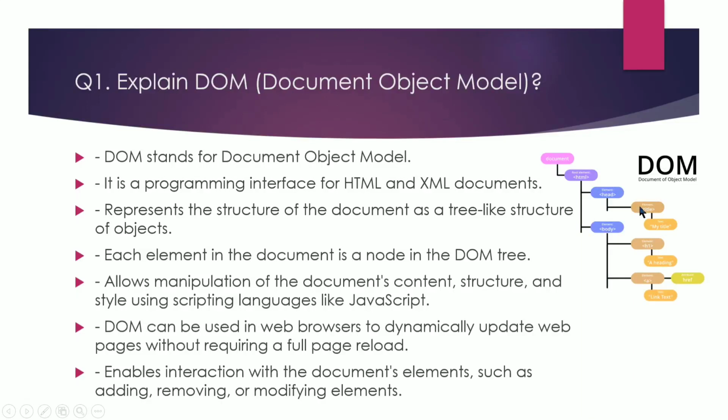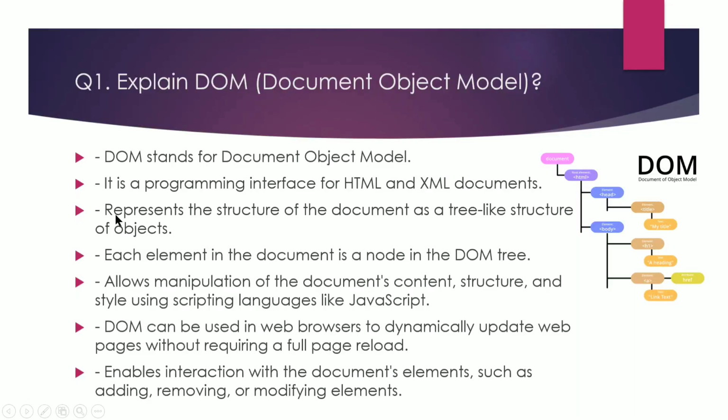If you want to access this title, you can use some features of document, like document.getElementById or by class name. These are some functionalities that are provided by the DOM. As I stated, DOM stands for document object model. It is a programming interface for HTML and XML documents.